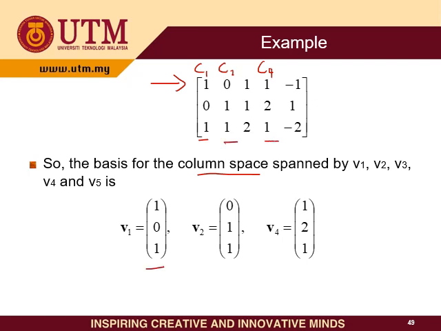We take the values from our matrix A, the corresponding columns, not the columns that we find when we do our row echelon form. That's the main difference between calculating the row space and the column space of a matrix.